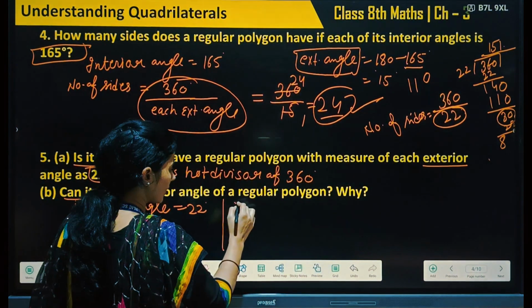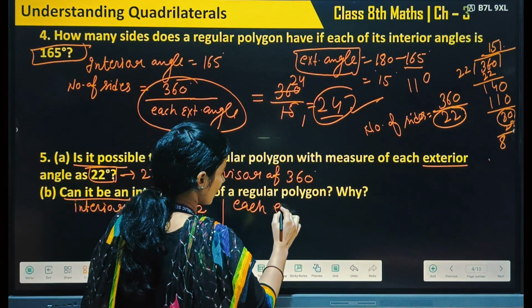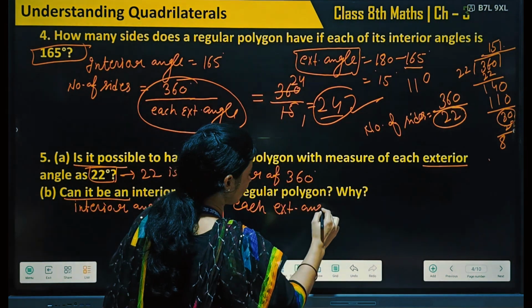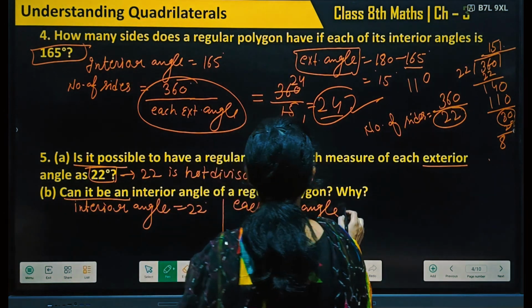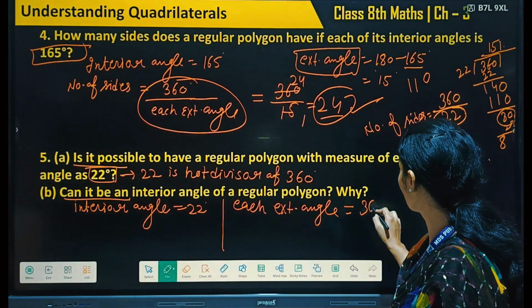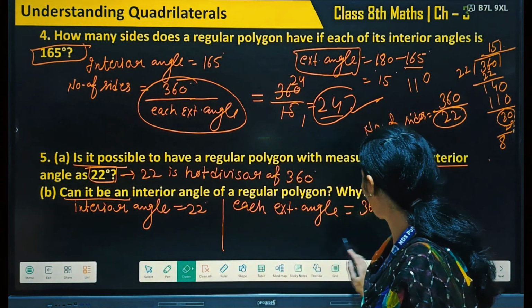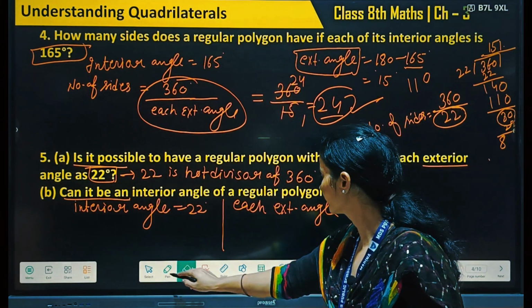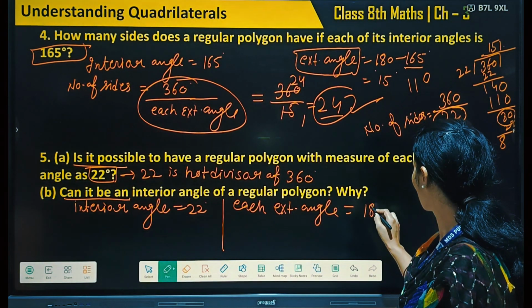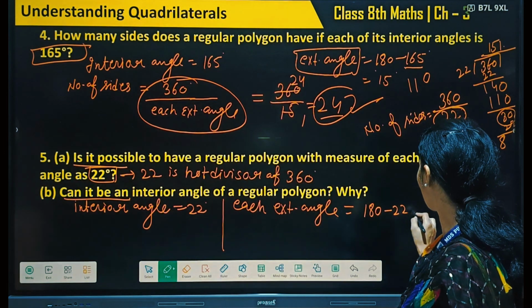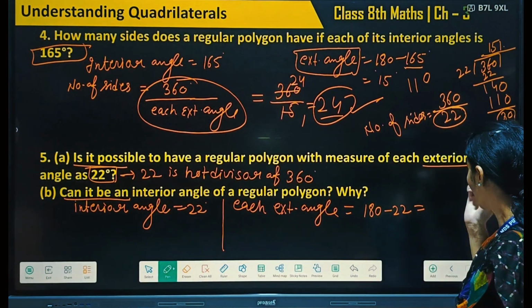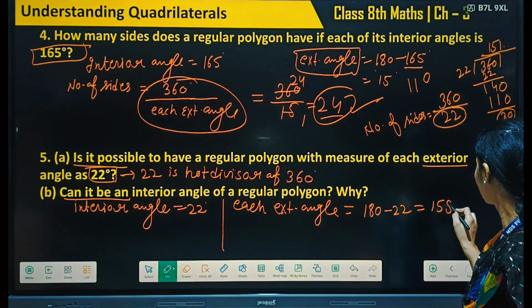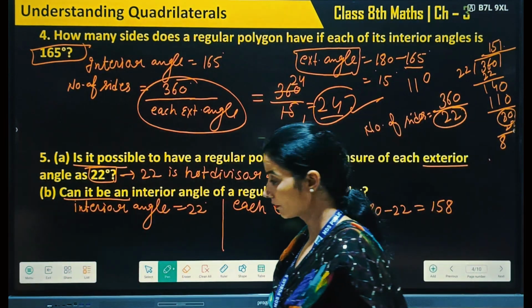Each exterior angle will be 180 minus 22. Answer is 158.